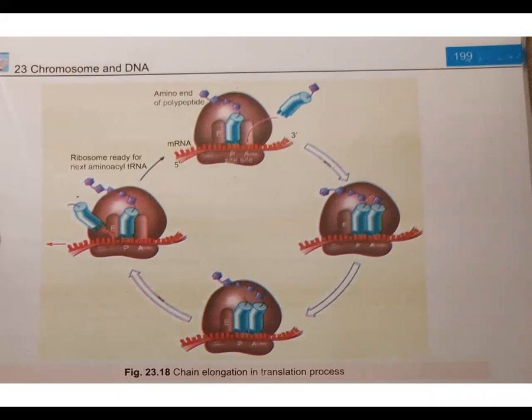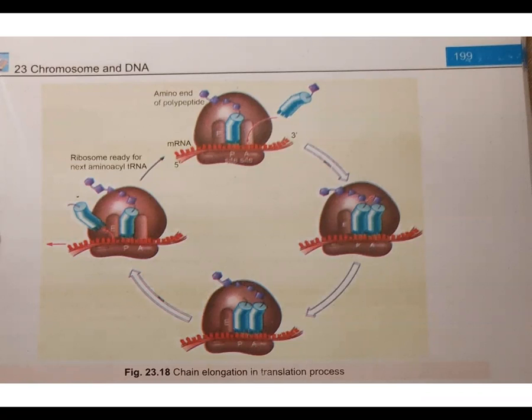So we can see that an amino acid comes at the A site and forms a bond between the amino acid it is carrying with the amino acid already present at the polypeptide chain on the P site. A bond is formed and the ribosomal unit moves ahead with the P site now becoming the E site, and the amino acid will then be released.